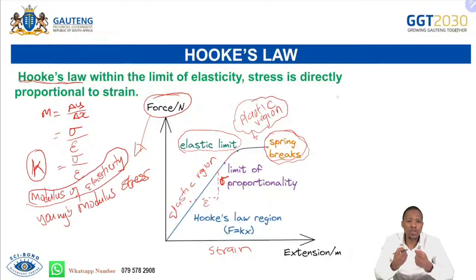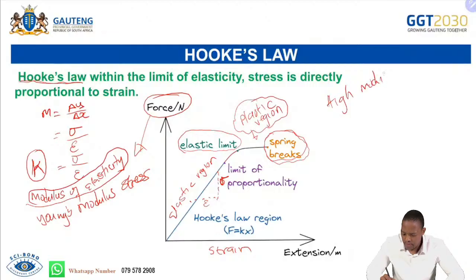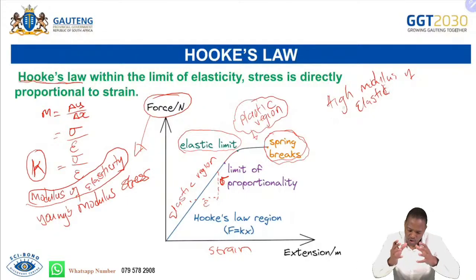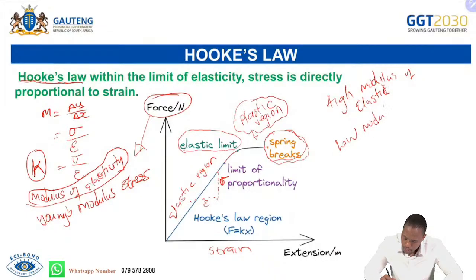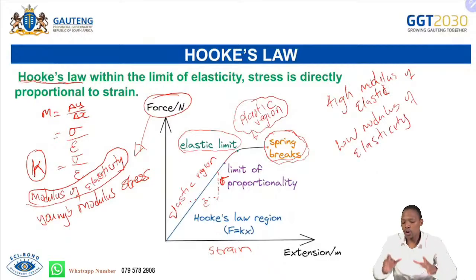The spring that is more stiff, the spring that does not get strained more, will have a high modulus of elasticity. And the spring that does not resist more will have a low modulus of elasticity. It gets strained very, very easily.